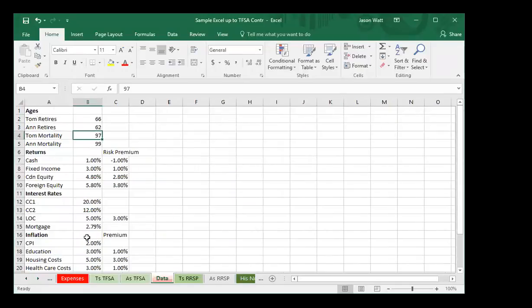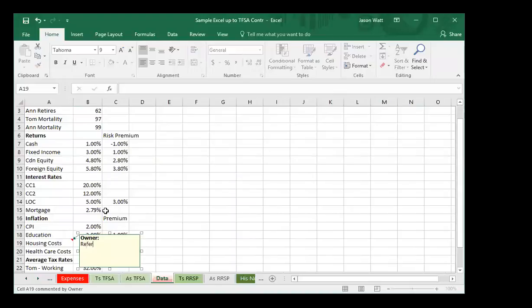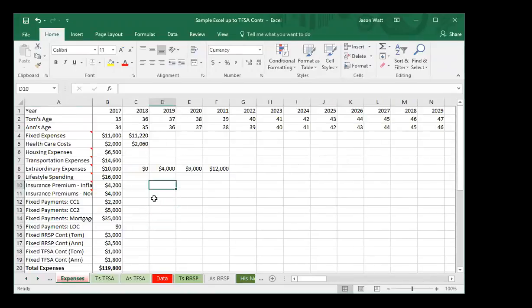When we talk about housing costs back here, we're talking about the actual price of a house. And I know that's not perfect, but that's one way we can do this. Again, it depends how much fidelity you want to build into this.